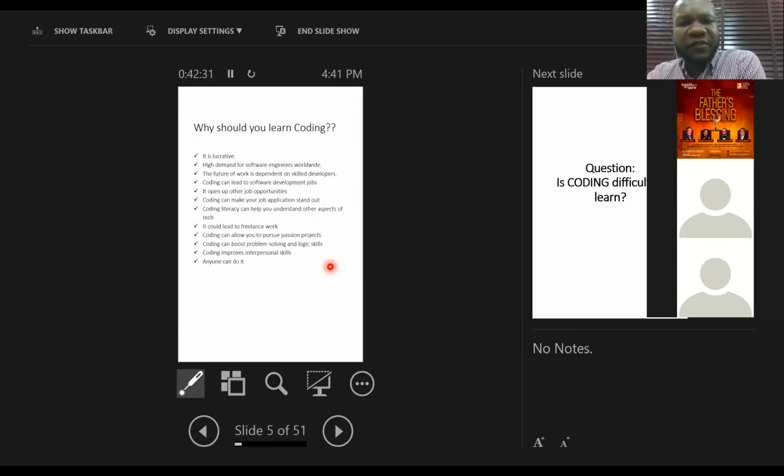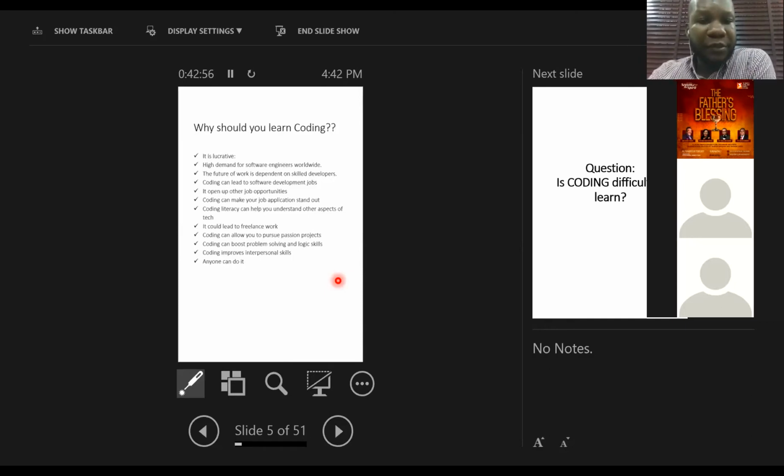Coding can lead to software development jobs. It opens up other job opportunities. Coding can make your job application stand out. Coding literacy can help you understand other aspects of tech. It could lead to freelance work. Coding can allow you to pursue passion projects. Most of these points are self-explanatory.